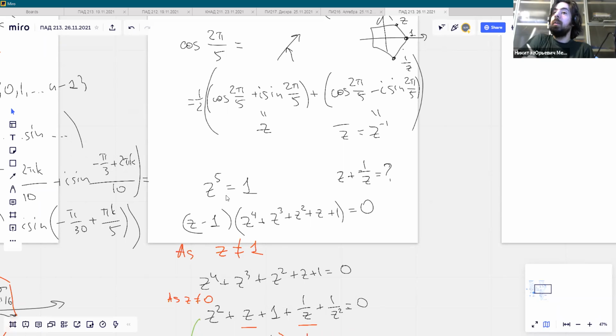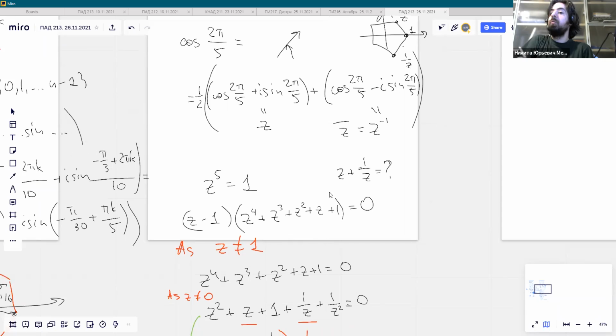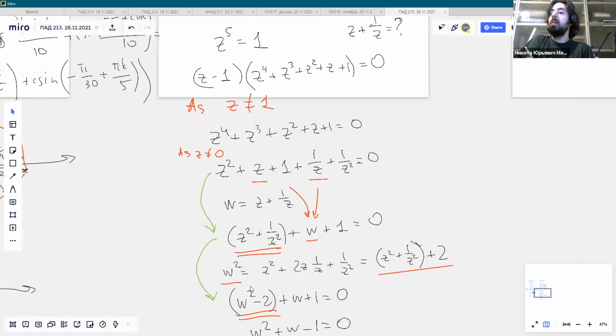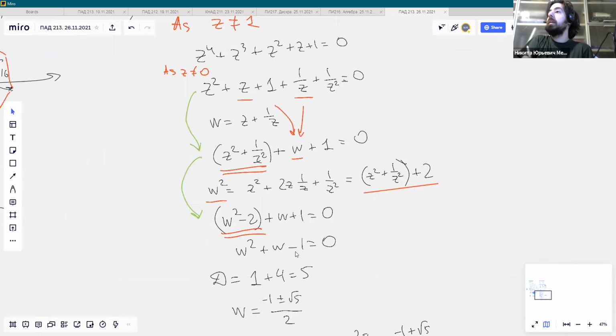Here you will get 7th power, here you will get 6th power, and you will be able to do something similar to those steps, but you will obtain not a quadratic equation, but a cubic equation, and cubic equations are hard. So for 7, it kinda can be used, but not really.